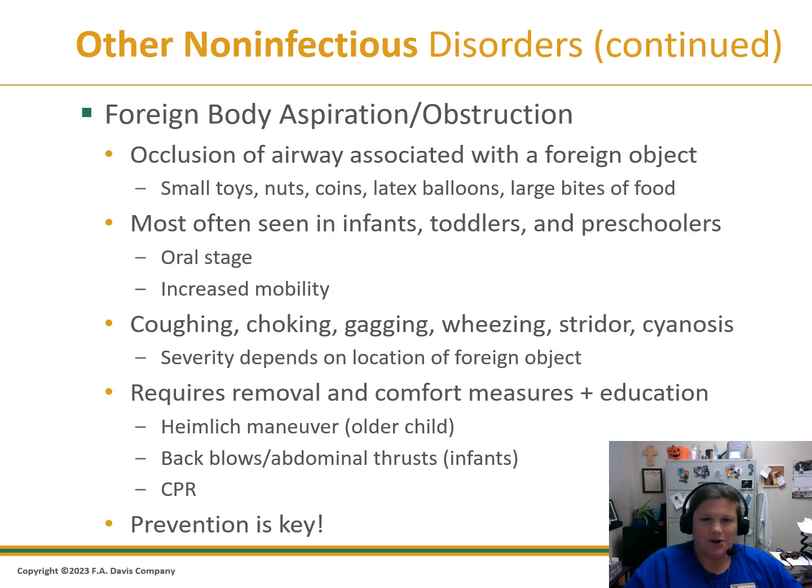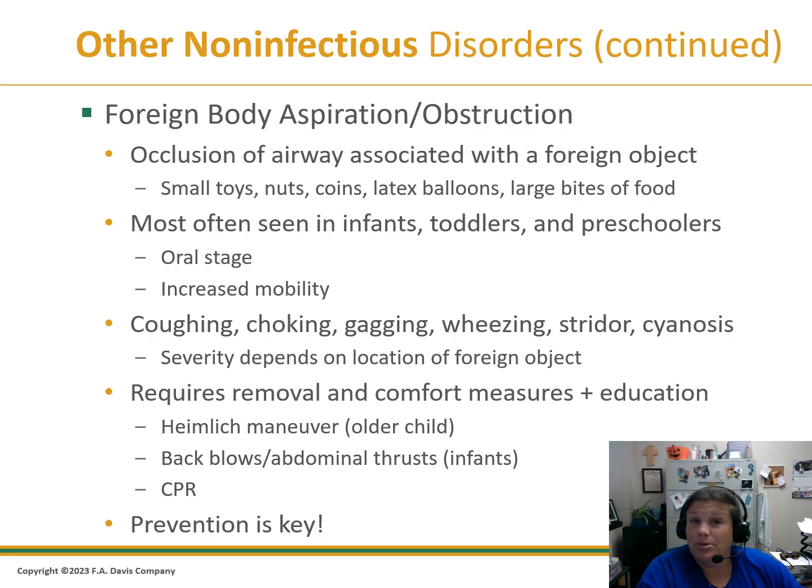Starting with the first one, foreign body aspiration, also known as foreign body obstruction. So the abbreviations for these would be FBA or FBO. You'll likely hear that. And anytime you see the abbreviation FB, it's usually for the words foreign body. So with this, there is an occlusion of the airway associated with the foreign object.